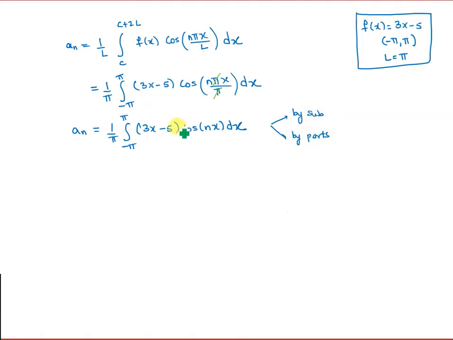As we can see, two terms under product, and if we look at the rule for cos nx, we have a direct rule for this. Even if we look at 3x minus 5, we have a direct rule for this term as well. So when direct rules are available for both the terms, we always go by integration by parts, not by substitution. Now for integration by parts, you can use this method u dv, which is uv minus integral of v du.